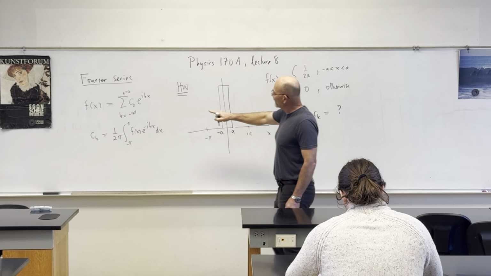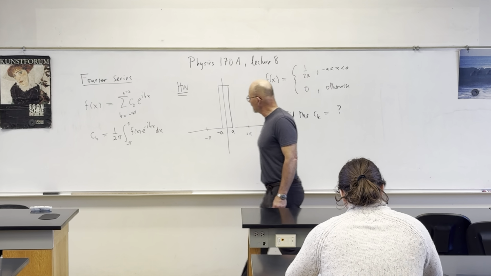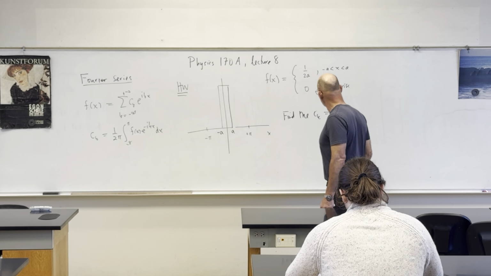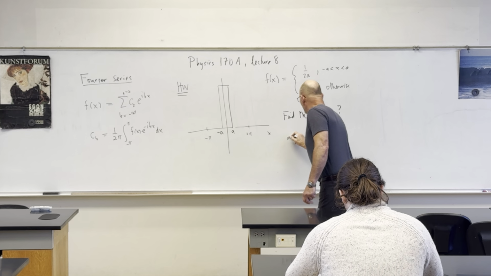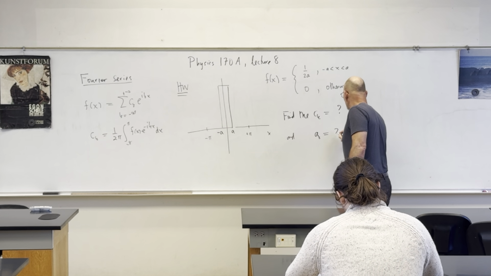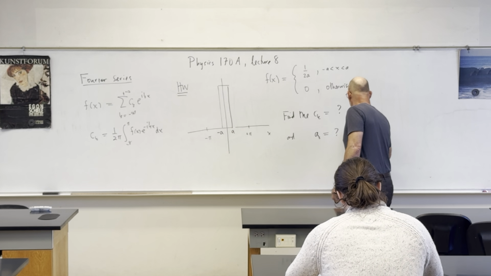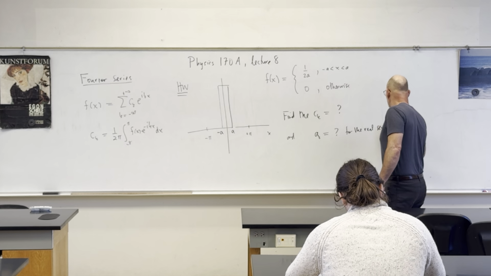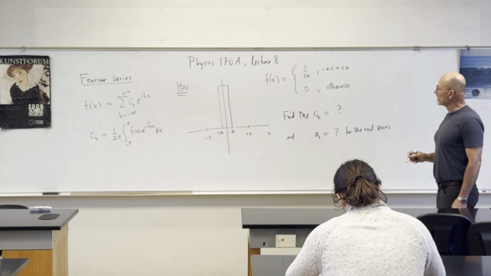So what about if we have the real series? This would be an even function. Okay, so we find the a sub k's. A sub k equals, the real series. And you get a very interesting result here.